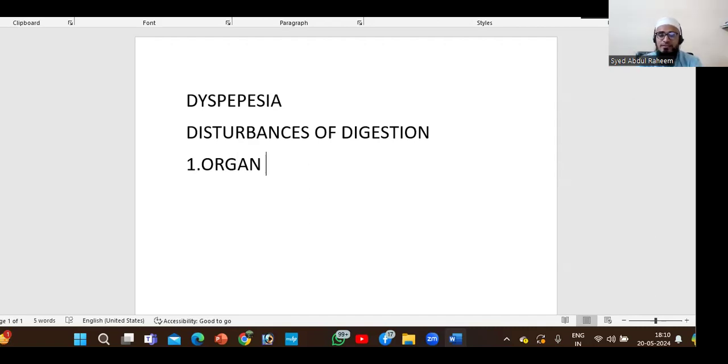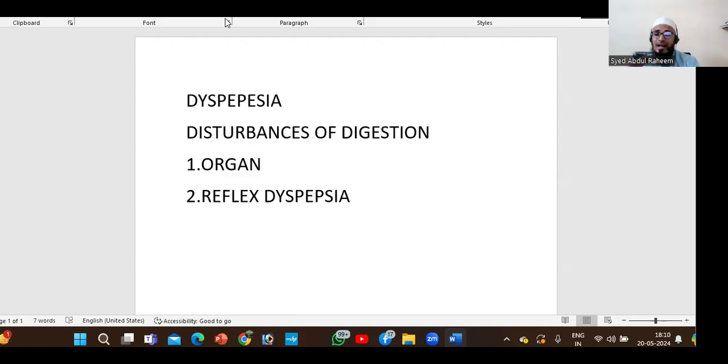Second one is reflex dyspepsia. What is reflex dyspepsia?